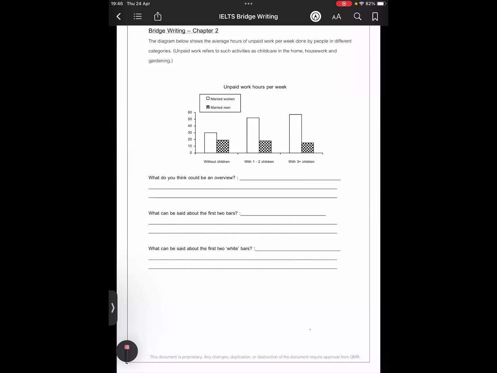What kind of correlation can you notice here? Can you observe here? So the correlation is that there might not be any correlation between the number of hours that men spend on housework and the number of children that they have. There may not be any correlation.